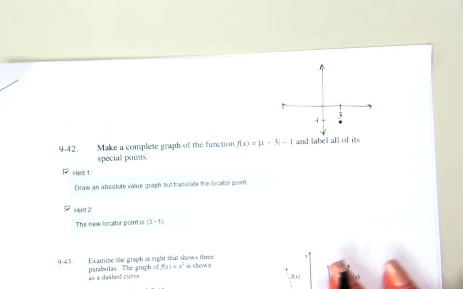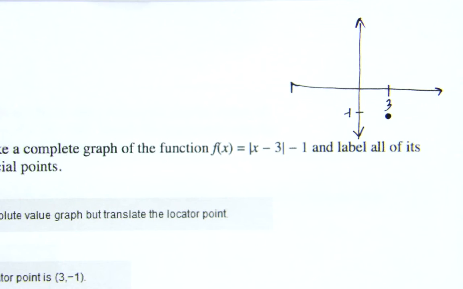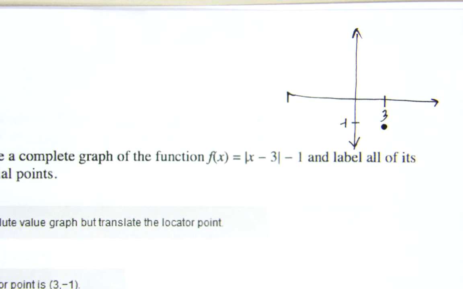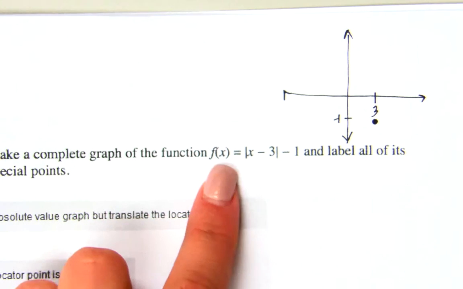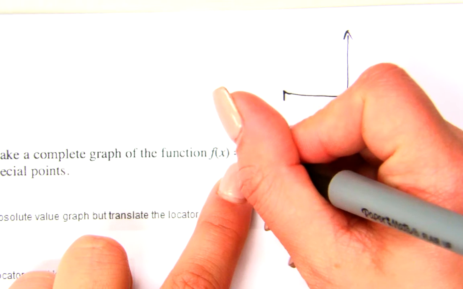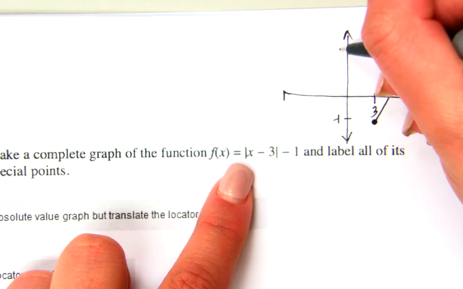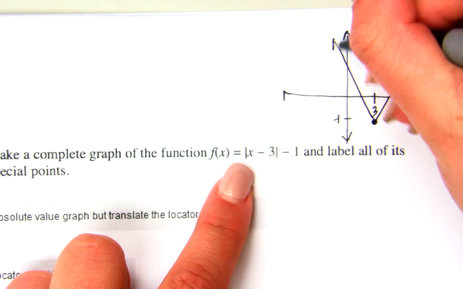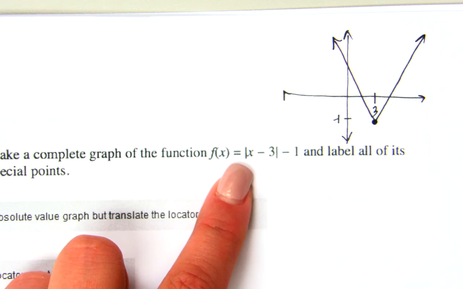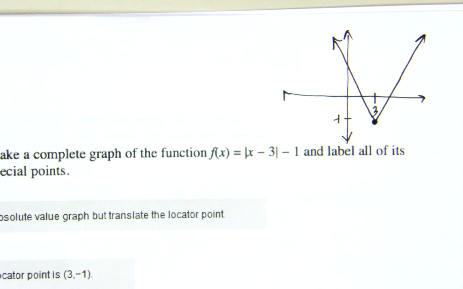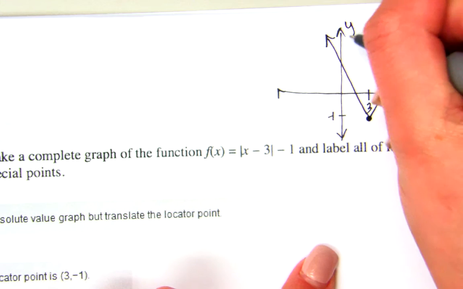And then the value in front of the absolute value of x is technically a 1, but it's positive, so our graph is going to open upward. There you go, and we're finished. That was 42.